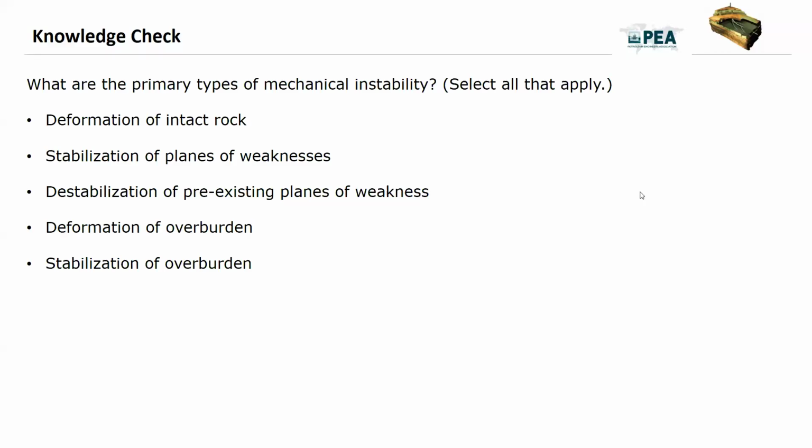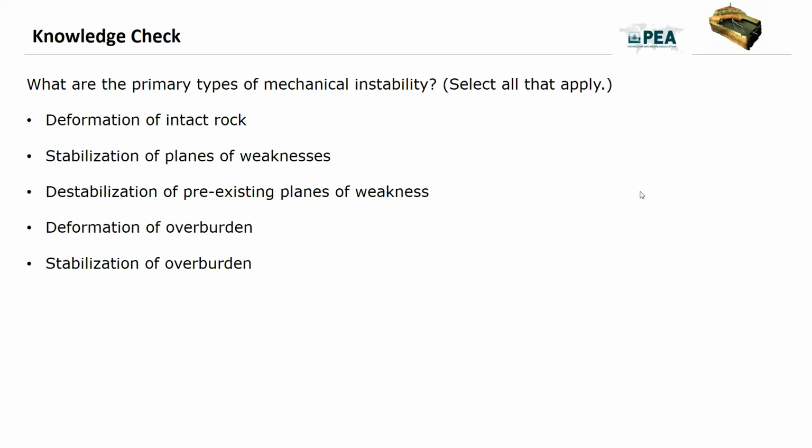Here, before continuing, just to test your knowledge. So, a knowledge check, to see if you are following us or you are sleeping. So what are the primary types of mechanical instability? Just give us answers in the box. I don't know if we can provide the microphone, or if we can get answers directly.